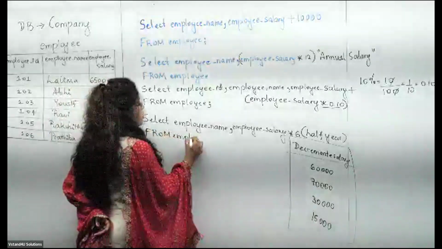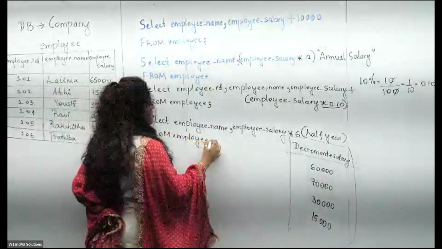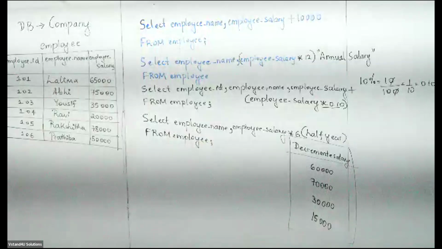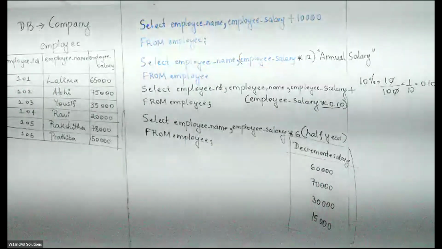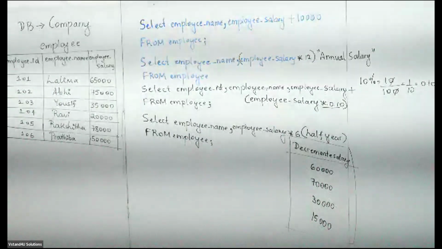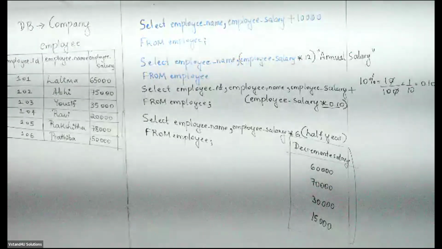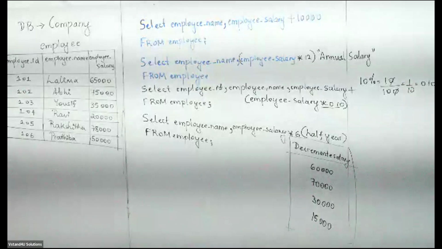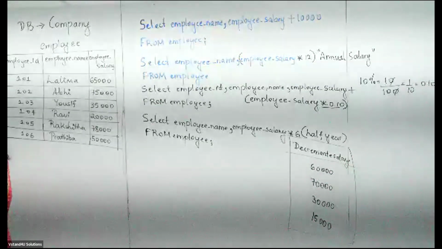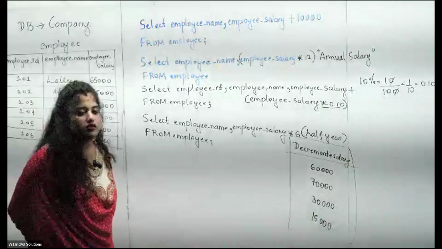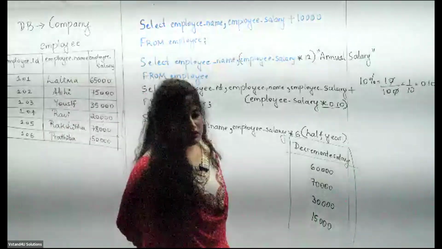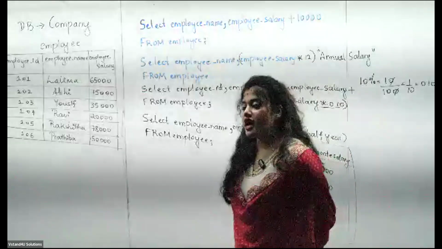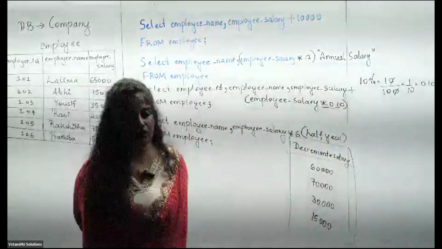Can you tell me what is the other way to write this query? Just think. Now, previously you wrote something called as annual salary. Yes or no? So can I take employee salary into 12 divided by 2?